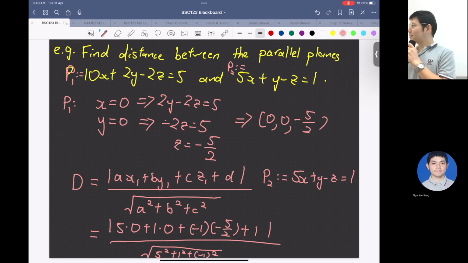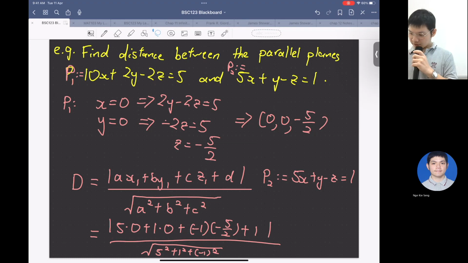Check. Where should be minus 1? Try checking, d equals minus 1. Correct, good. So let me be very sure.